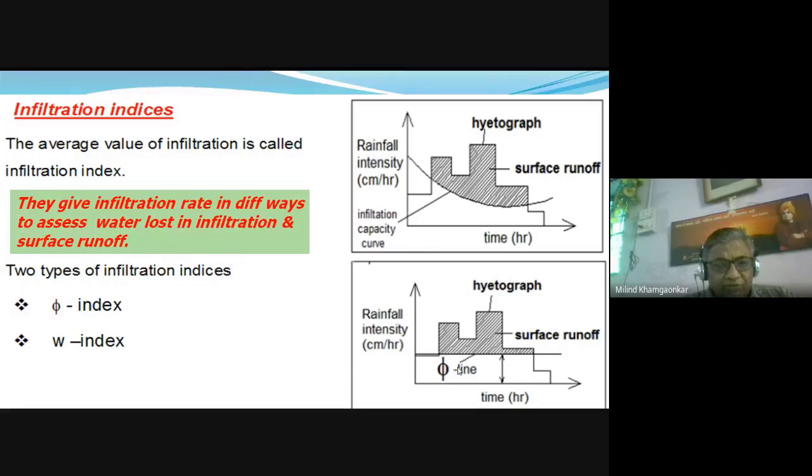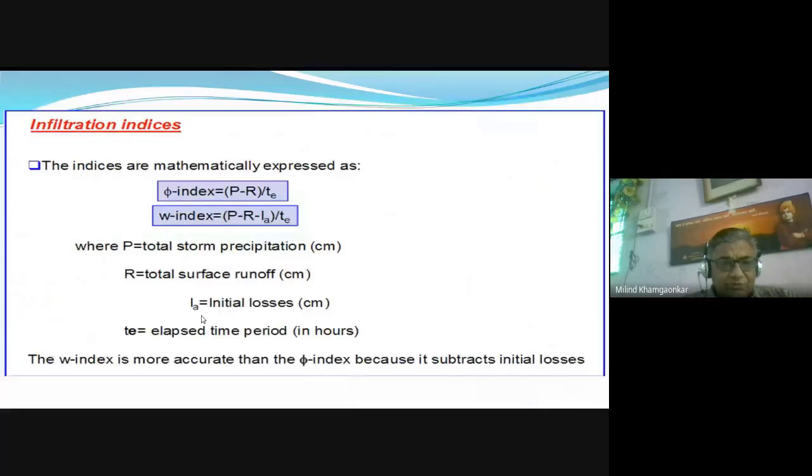The W index value excludes all the other abstractions, whereas the phi index includes infiltration plus other abstractions like interception, depression, storage, etc. But the W index value is purely the infiltration rate. It does not include other abstractions.